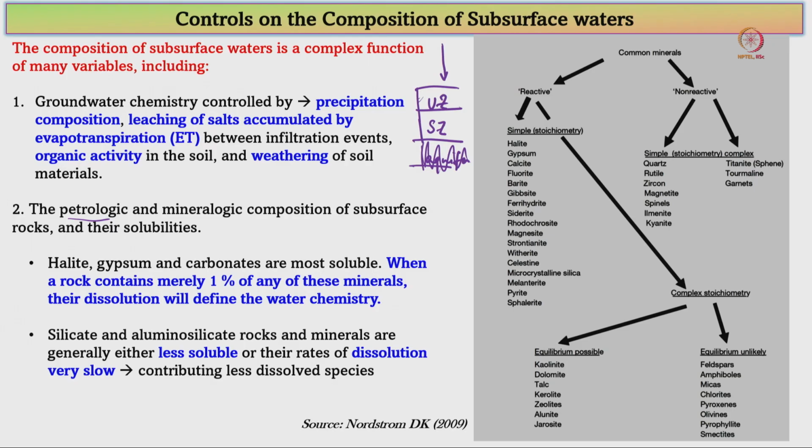Now, if we look into the minerals, you can see in this image that minerals are commonly divided into two types: the reactive type and the non-reactive type. For any mineral we first have to understand which type it is.